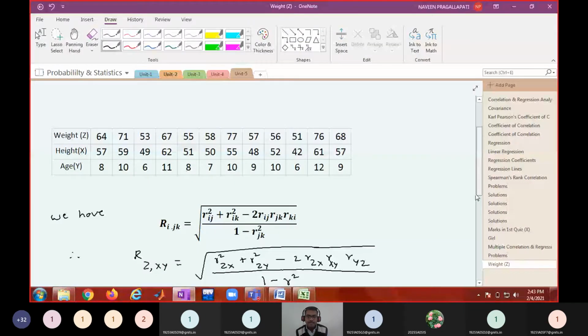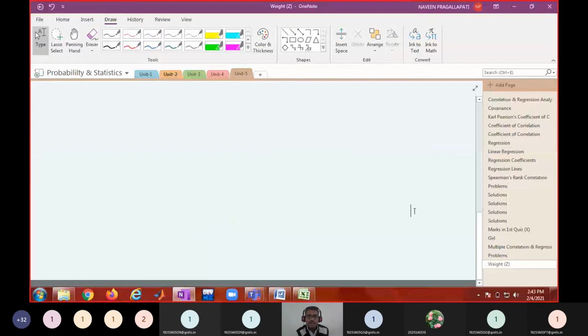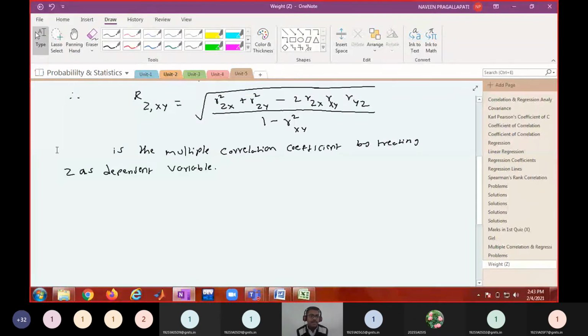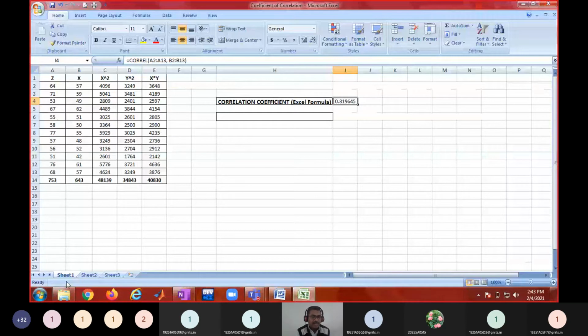So RZX equals 0.82. Similarly, you have to compute RXY and RYZ. Now you just make a copy of it.